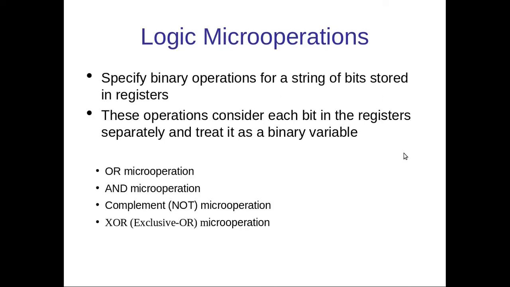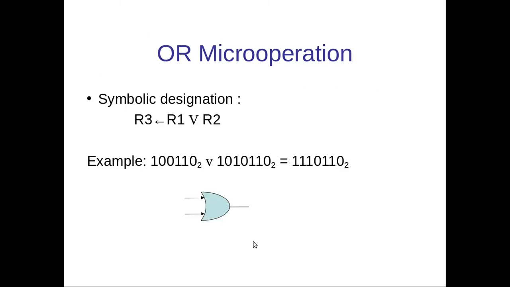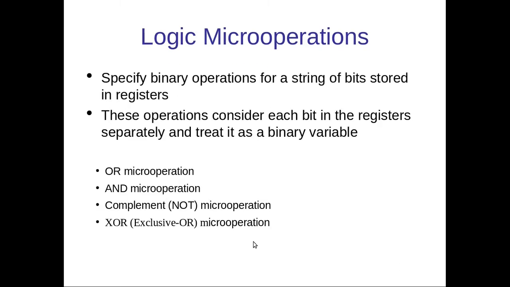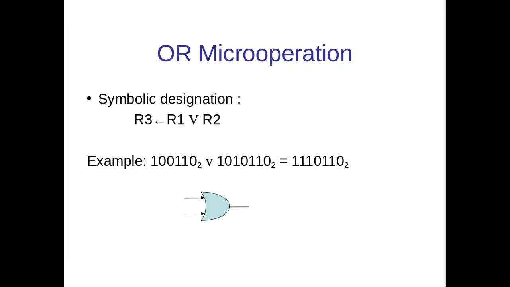The different logic micro operations are OR micro operation, AND micro operation, complement micro operation, and XOR micro operation. These are the 4 major logic micro operations, and we can derive other logic micro operations by using these 4 basic ones.